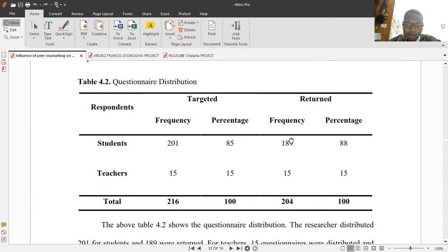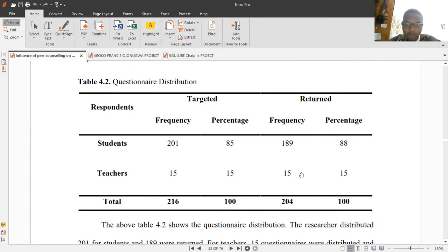Out of this number that he had in mind, 201 student respondents, only 189 were able to respond. That is, he only got 189 questionnaires back out of 201.